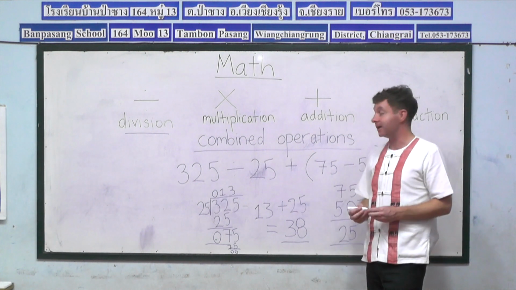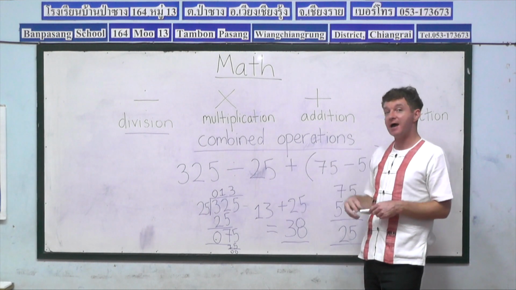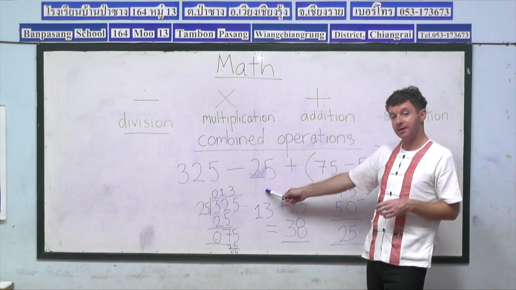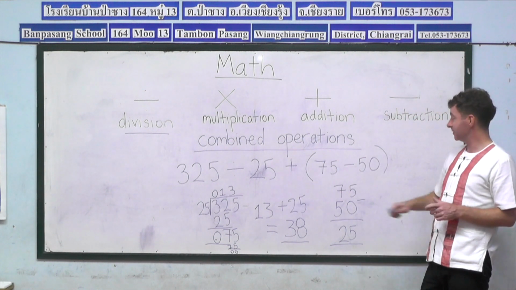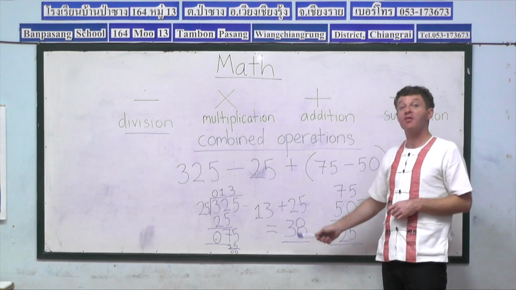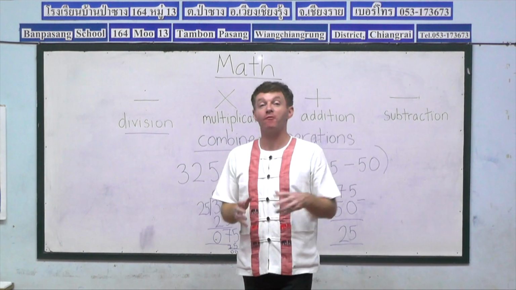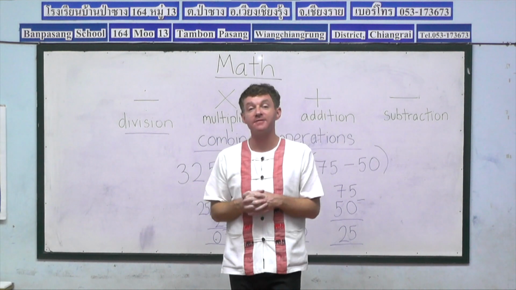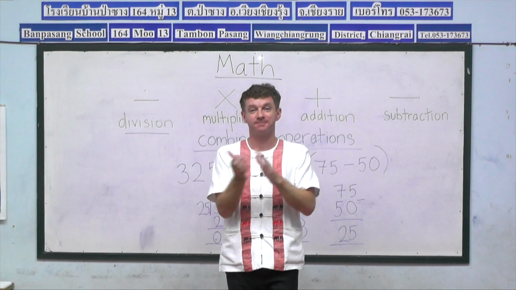So we can say 325 divided by 25 plus 75 minus 50 equals 38. And this is how we do combined operations involving division, which is what we're going to be concentrating on today. And guys, that was brilliant, very well worked out.